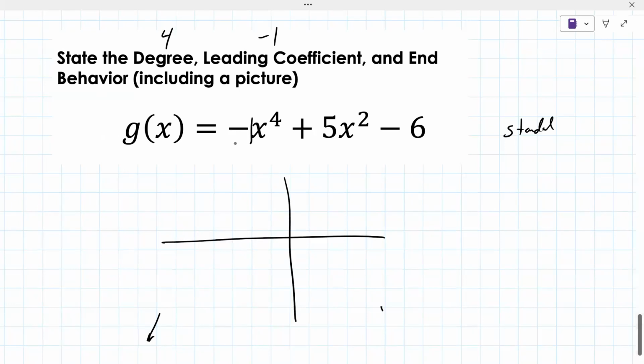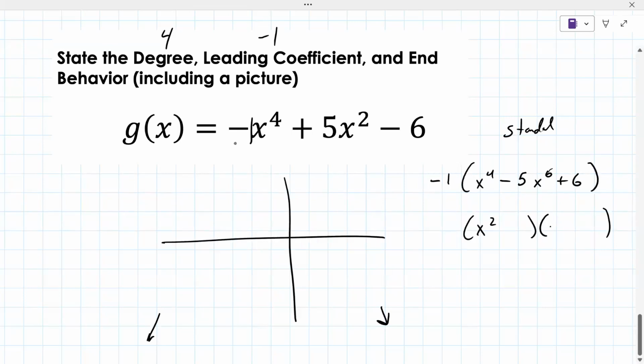But the thing is we can factor this. I would factor the -1 out, and then it's x to the fourth minus 5x squared plus 6. And this factors into x squared minus 3 times x squared minus 2.